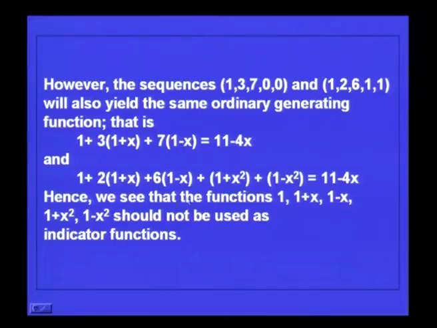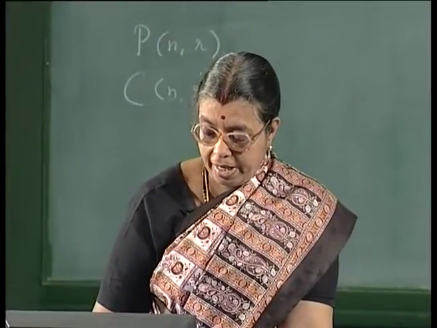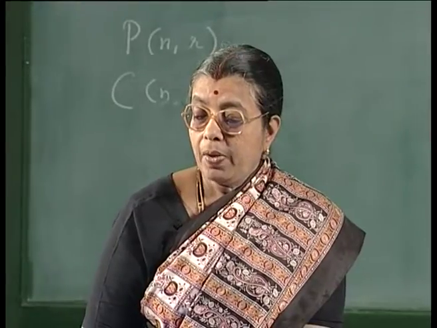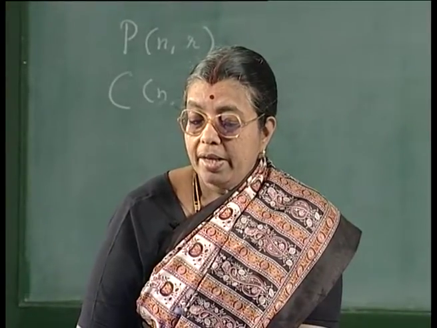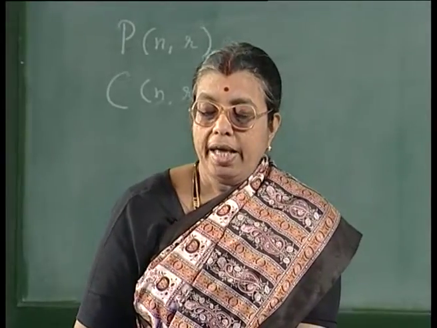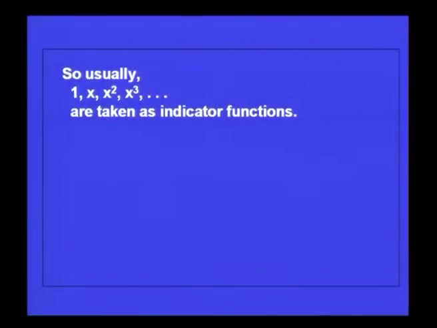So these functions you cannot use as indicator functions. The indicator functions should be such that for each sequence the expression you get is unique, or each expression uniquely represents a sequence. Now, the easy way out is you choose 1, x, x squared, x cubed, x to the power 4, x to the power r, etc. That is, this sequence is taken as the set of indicator functions.